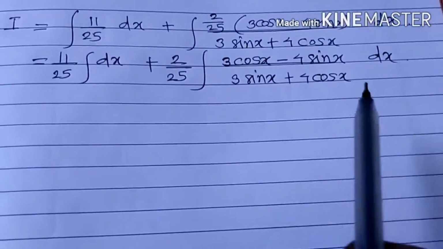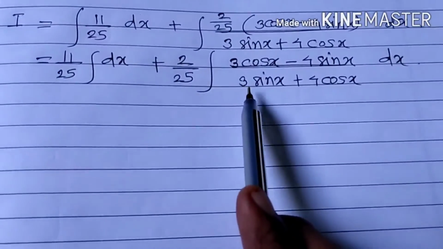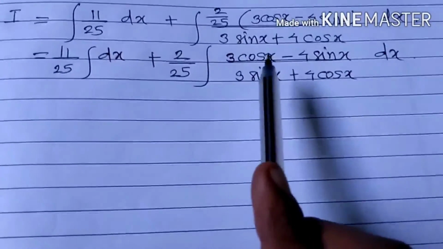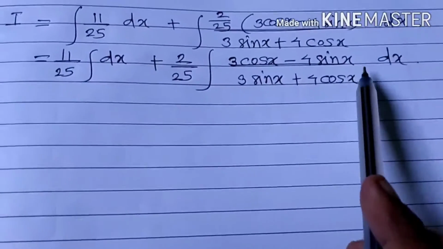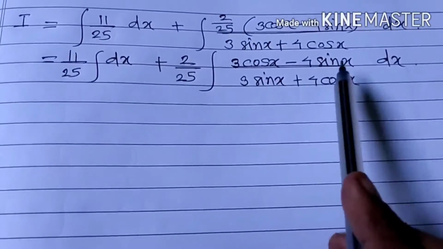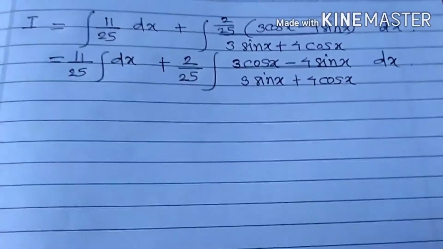Now here you can observe that the derivative of 3 sin x plus 4 cos x is 3 cos x minus 4 sin x, means this is the function and this is the derivative of this function.